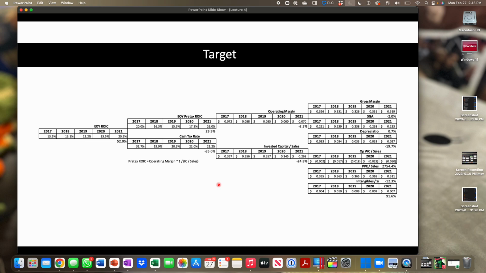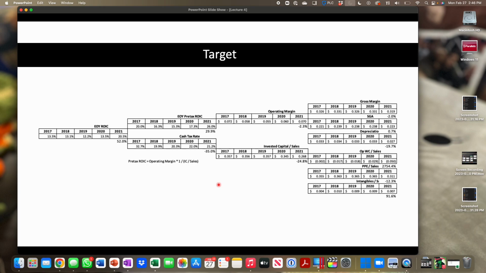So when you buy the product at Target, are they making more or less than they did 5 years ago on that sale? Actually making slightly less. They were making 7.2 cents per dollar in margin in 2017. By 2021, that fell to 7 cents per dollar. So slightly less. So that's not why their ROIC went up.